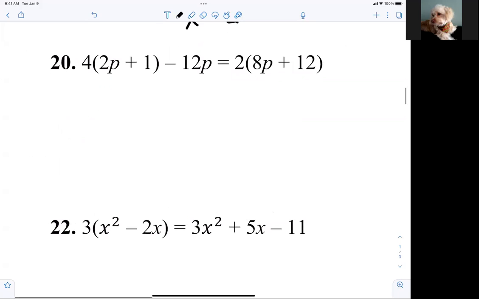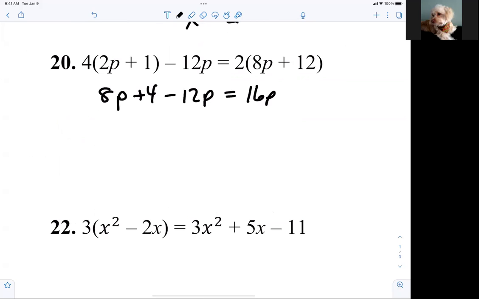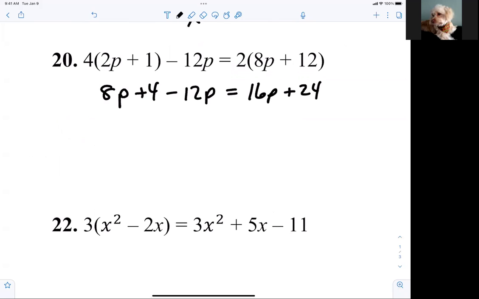All right, 20. Go. 8p plus 4, then minus 12p equals 16p plus 24. Good. Now what is this? 4p, negative 4p.